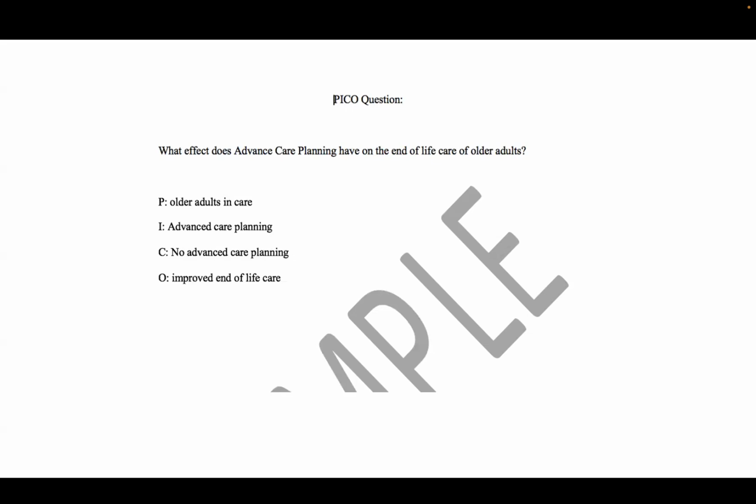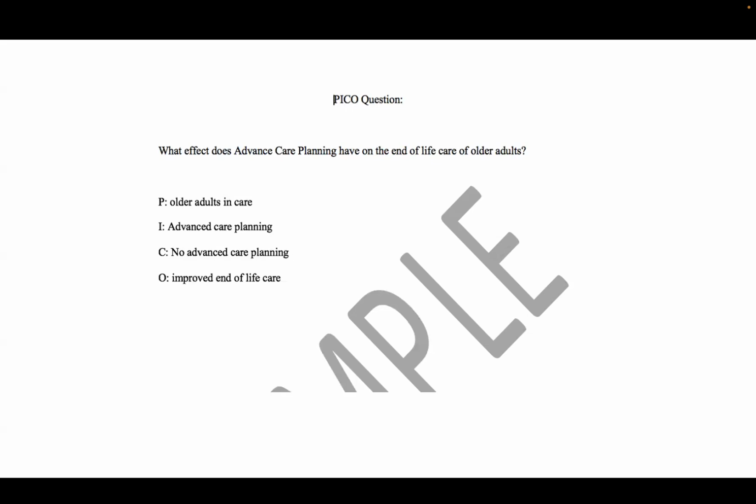But because for qualitative, we don't have compare. So it's okay if you do not have compare here. It's something versus of intervention. So if you put an intervention was a program there, you can say something like no such program or intervention. O is outcome. So what is your outcome for your question?